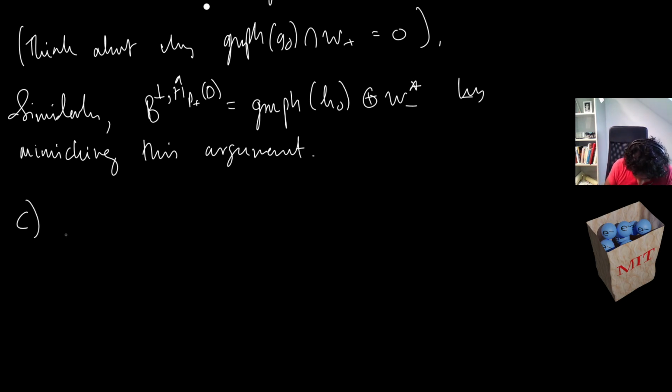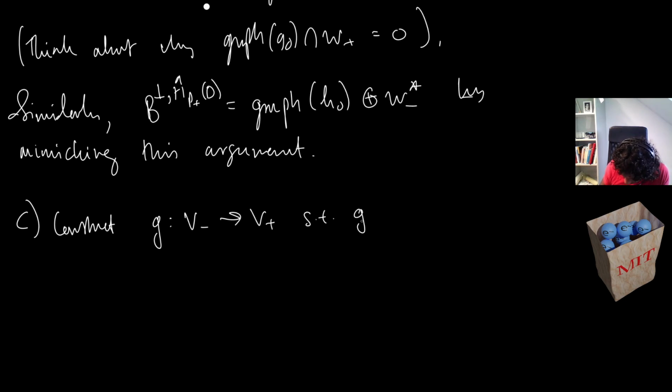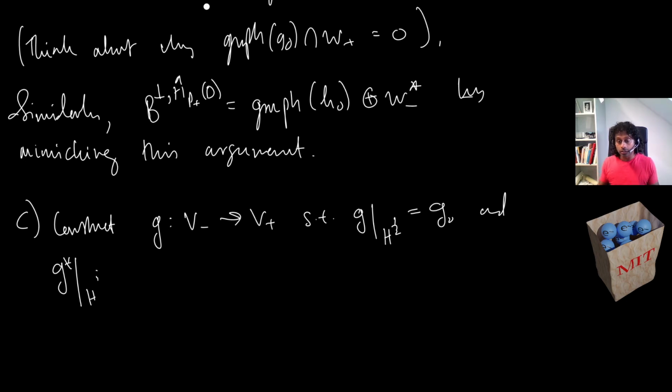So now for the map G, we construct G: V minus to V plus such that G restricted to H half is equal to G naught, and G adjoint restricted to H half is equal to H naught, right? So H naught is also a map that maps at the level of H half regularity, right?